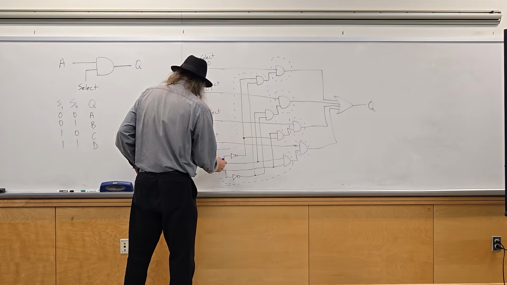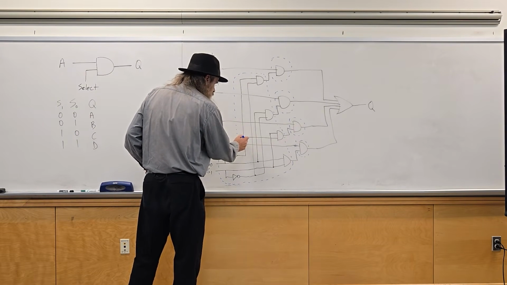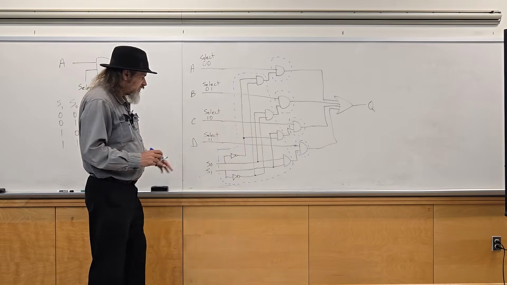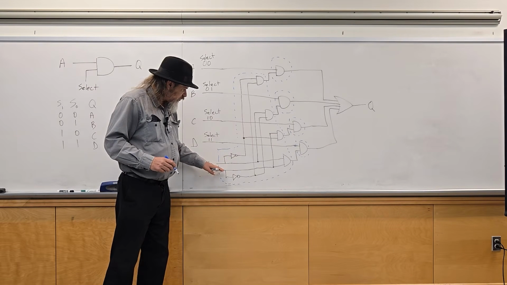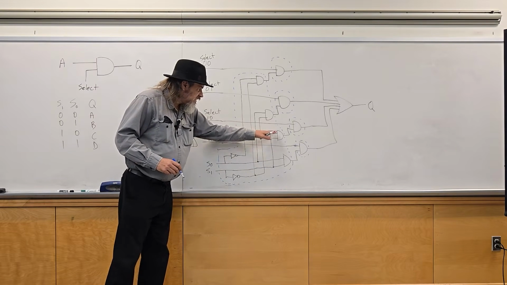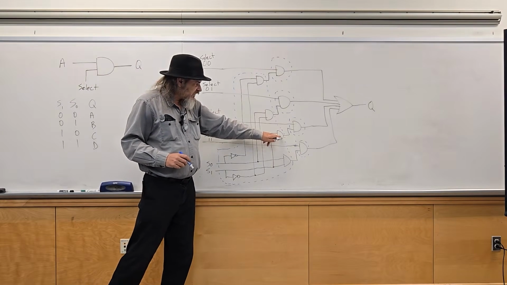So S0 would be 0, which would be inverted to make it a 1. And then S1 would not be inverted to activate this AND gate.